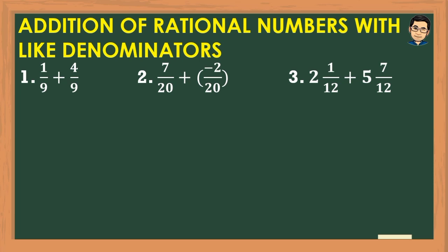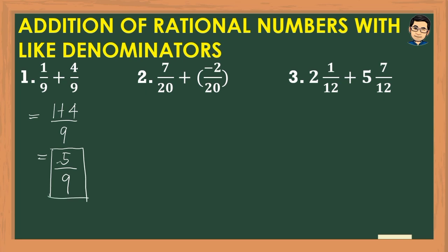So, 1 over 9 plus 4 over 9. We just add the numerators. So, 1 plus 4 over 9. 1 plus 4, that is 5 over 9. Can we simplify 5 over 9? No. So this will be our final answer because the greatest common factor of 5 and 9 is only 1.